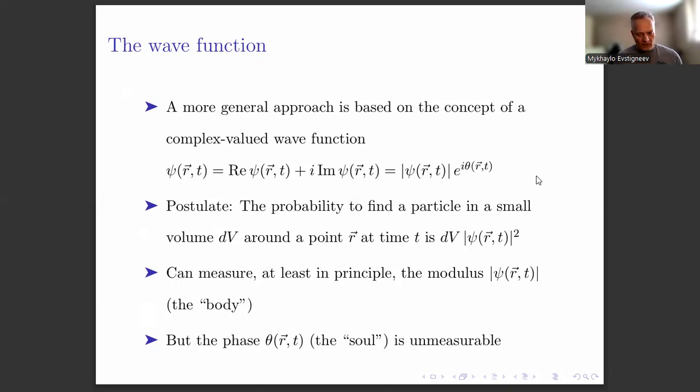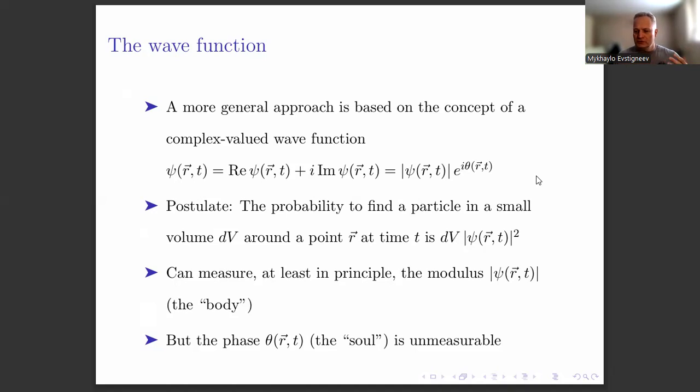So let's say you have an electron, and it is described by a certain wave function. You do not know what it is, but it's not important right now. Imagine a small volume dV around the point r.